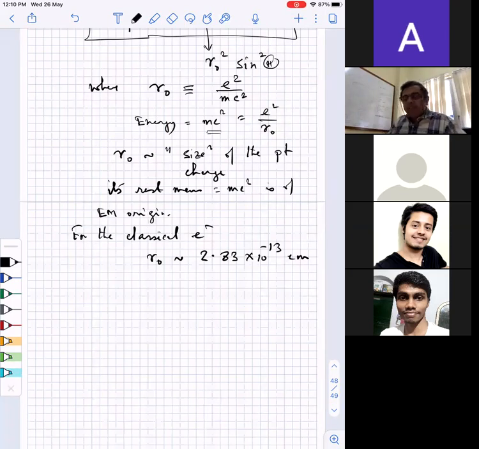Our classical EM theory that we're doing for the electron will be fine. So if you think of length scales which are oscillating, this will be fine. But if you're trying to do a classical EM theory in a region of this order or smaller, then obviously our classical definitions will fail.